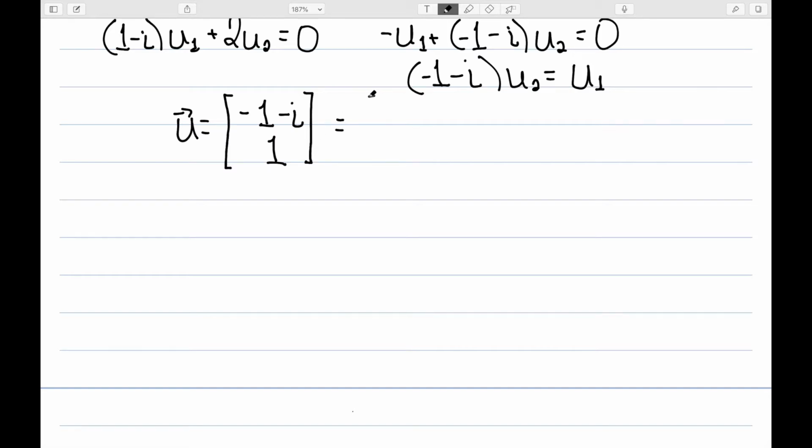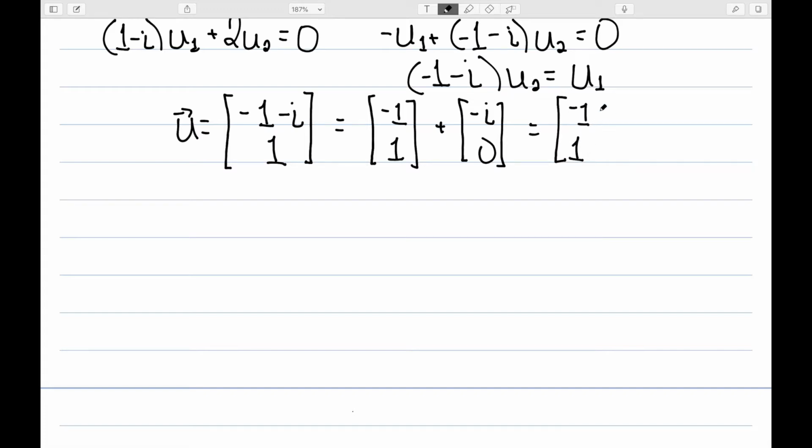And we're going to write this in two different pieces, the -1 and the 1, and then the pieces with the i's. This has a -i, this has a 0. And then we're going to break it up once more: -1, 1, and i times -1, 0.